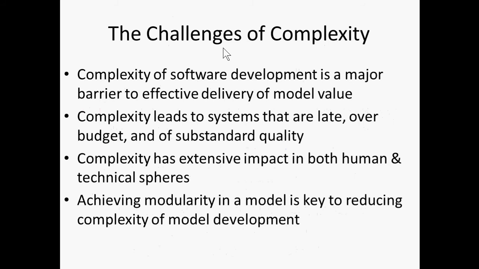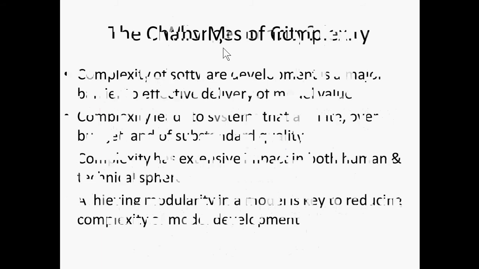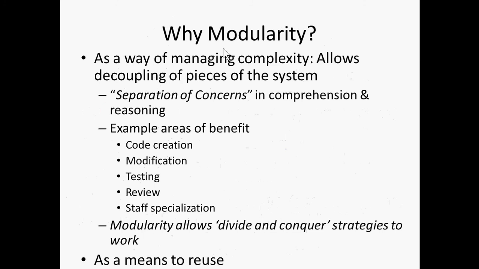Those different pieces can be created by different people. You don't have to look at complexity unless you want to go take a look at how it's implemented. You could simply call it and not worry about the details of exactly how it's implemented. You can modify it at one place instead of many places throughout your model. So managing this complexity is key, and we make use of this principle of modularity.